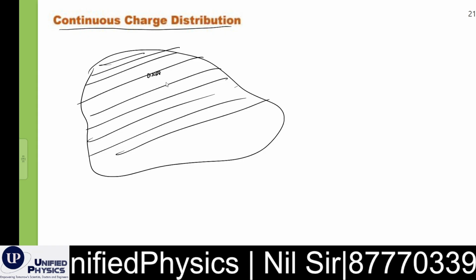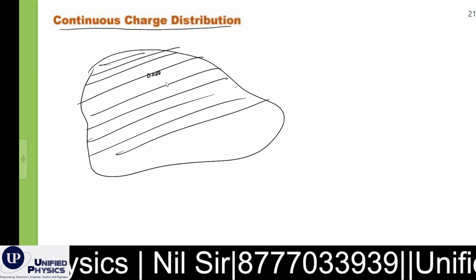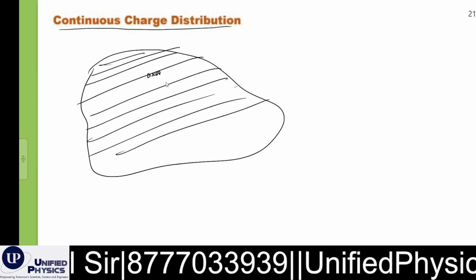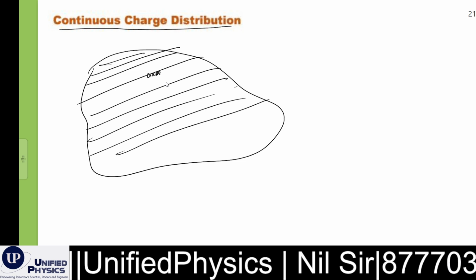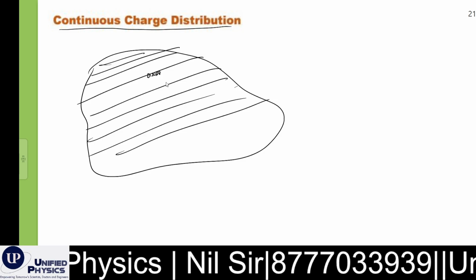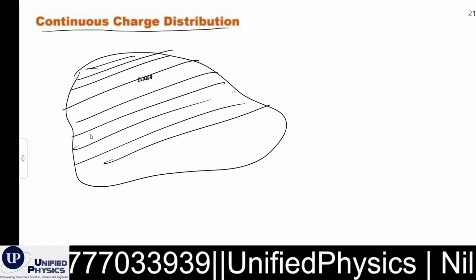So when we say this is a discrete element, at the same time we can say these discrete elements produce a continuous body or continuous charge distribution or mass distribution or surface distribution and so on.